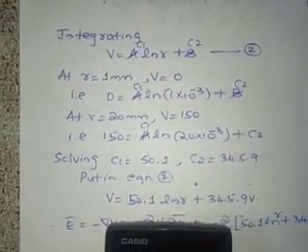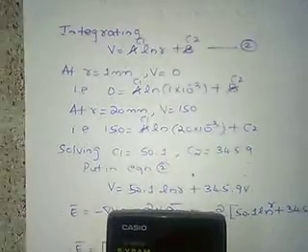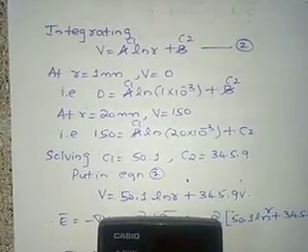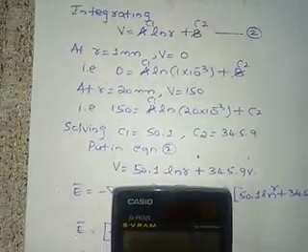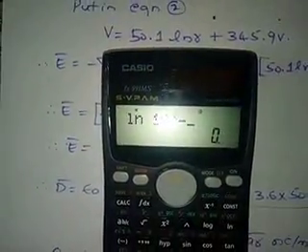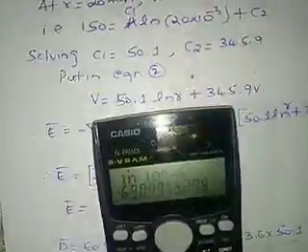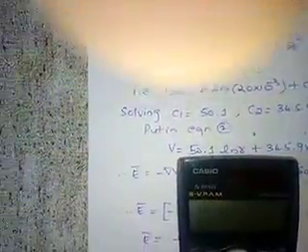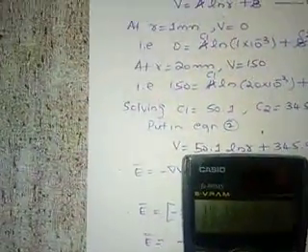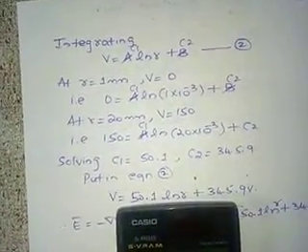So first let us see what is ln of 10 raised to minus 3. It is minus 6.9077.